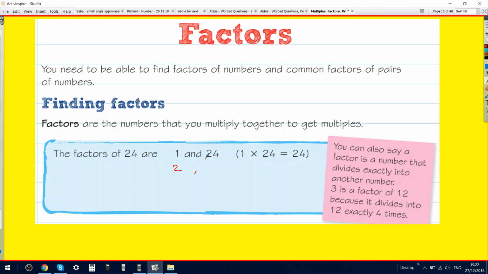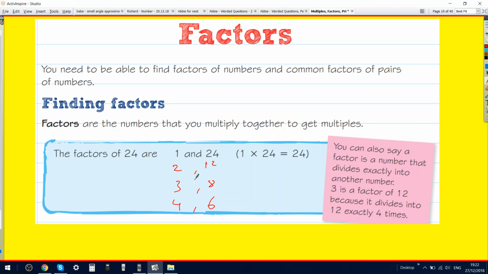So 2 and 12. Yeah, another. 3 and 8. Yeah. 4 and 6.